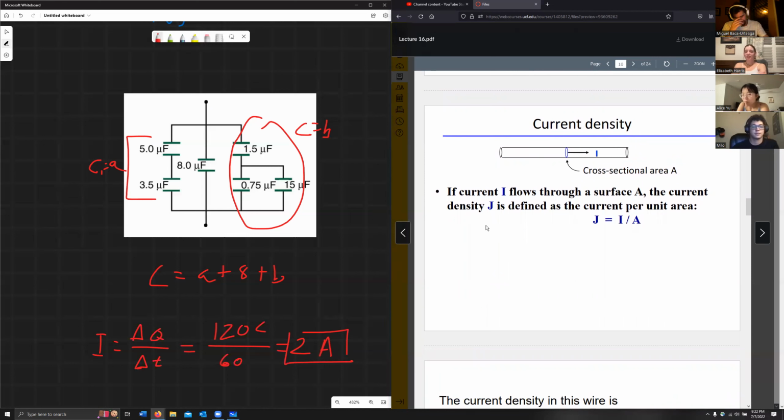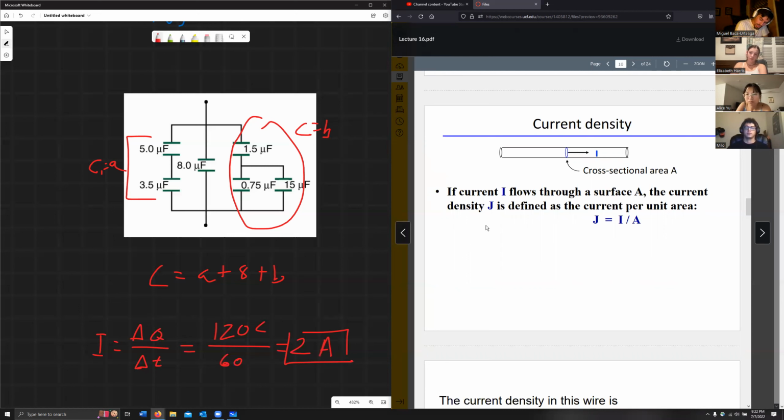Current density. This is a funky one. I forgot about this one. If current I flows through a surface A, or in this section, let's say wire, the current density J is defined by the current divided by the area of the cross section.